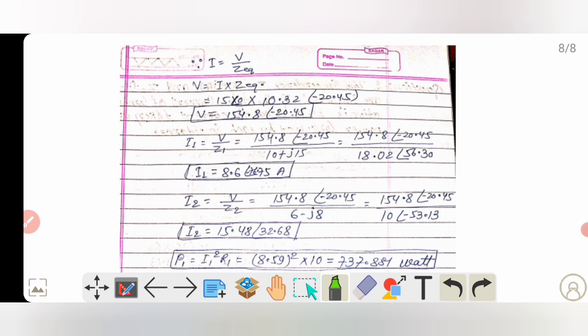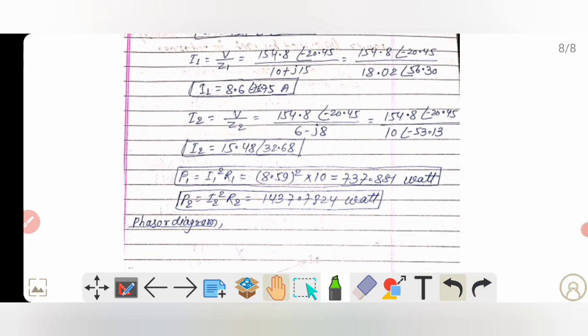In the same way, if you want to calculate the current through impedance Z1, we will use this formula, and the current comes out to be 8.6 at the angle minus 76.75 degree. Now if you want to calculate the current through branch 2, it will be equal to V by Z2, and its value will be 15.48 at the angle 32.6 degree.